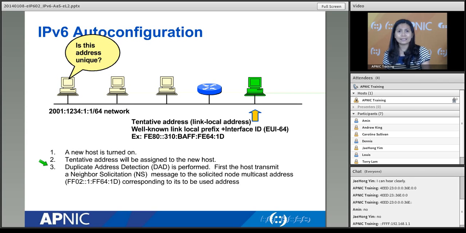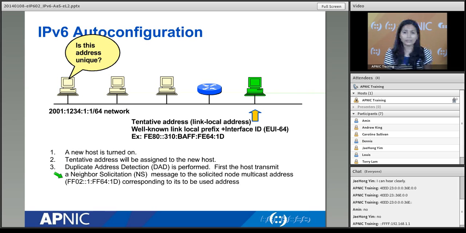Notice that we are sending it to a multicast address. Everyone that's on your network is part of a multicast group. This is what you call the solicited node multicast address. Notice that's FF02.